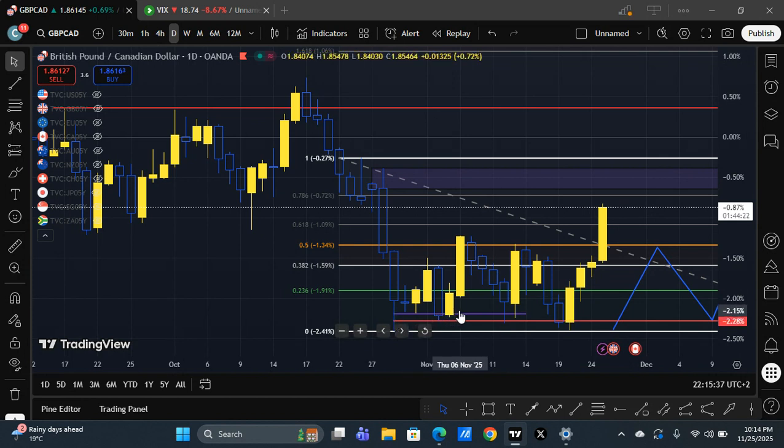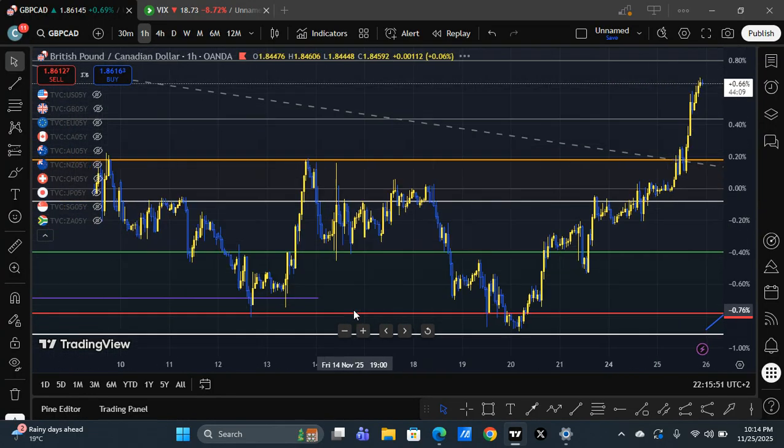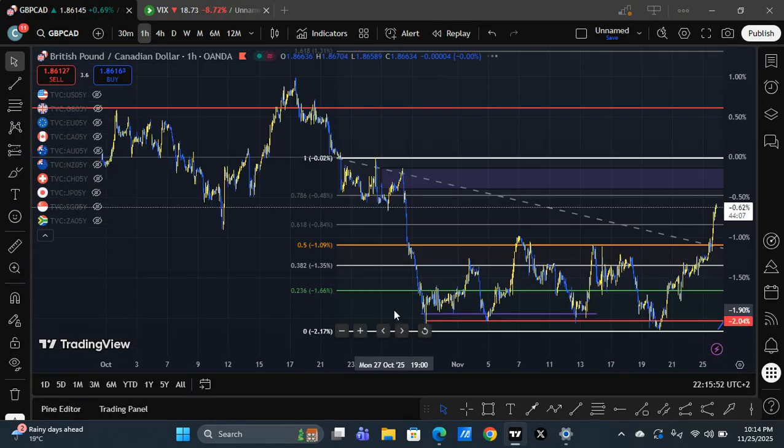Normally, this line here is aligned with the previous shoulder in the currency. Let me show you the 1 hour time frame where you can see this previous shoulder that I'm talking about.